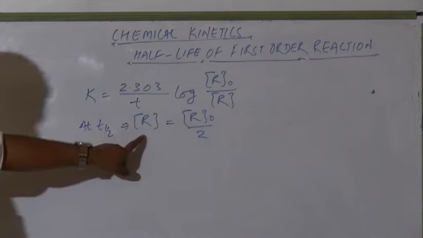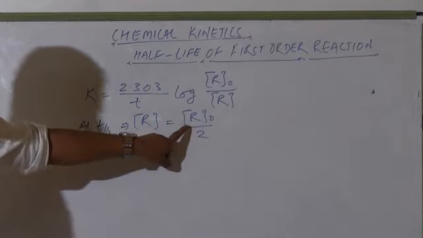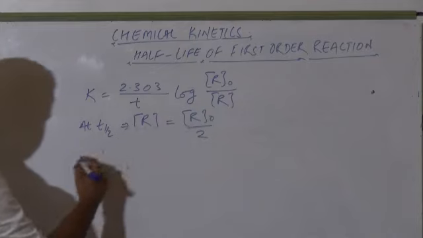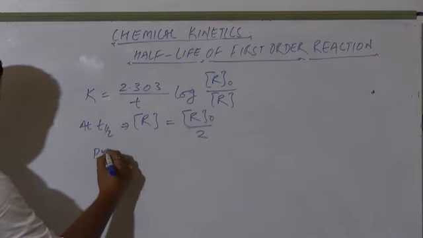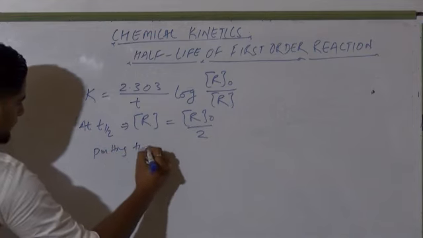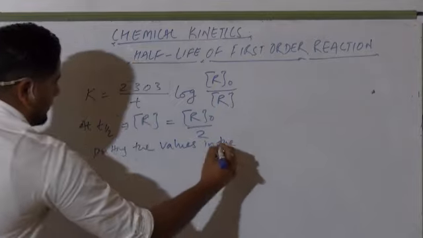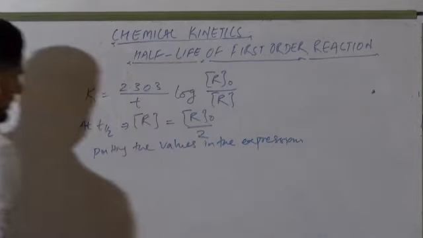So the concentration R at T half will be half of the initial concentration. So now let us put the values in this expression. What do we get?